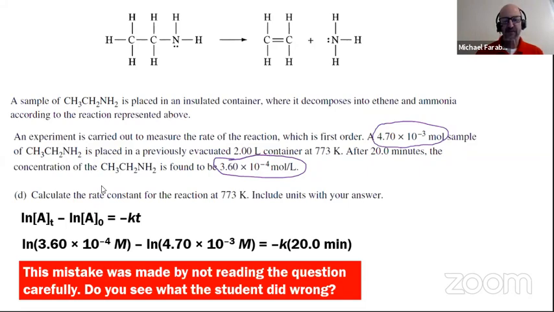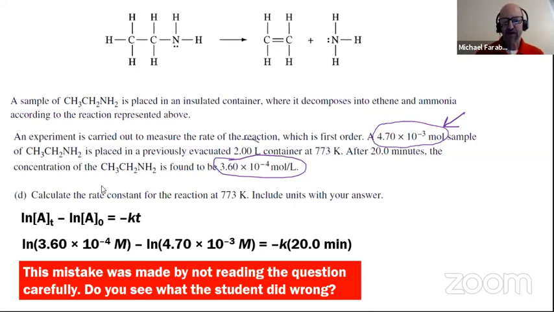Okay, and I specifically circled these two numbers, and I also tried to circle the unit. So we have a difference here between moles per liter and just moles. If you were not paying close enough attention, you might think that the initial concentration is 4.70 times 10 to the minus 3. But that is the amount of moles.